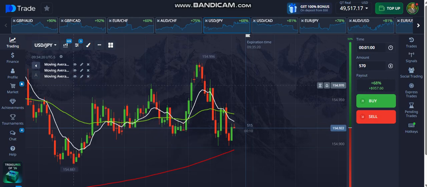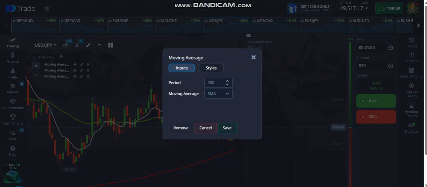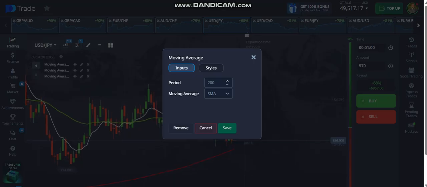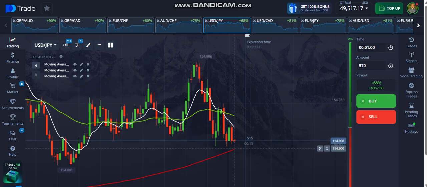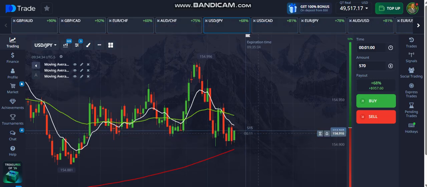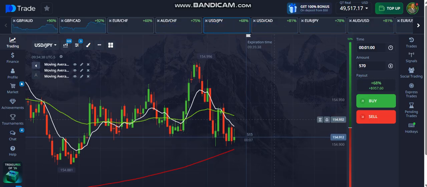And in addition to that, I've set up a third moving average, the 200 period simple moving average, which is the red line here, which gives me an overall idea what the trend in the market is.